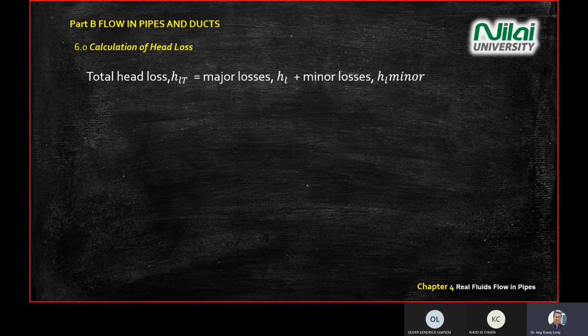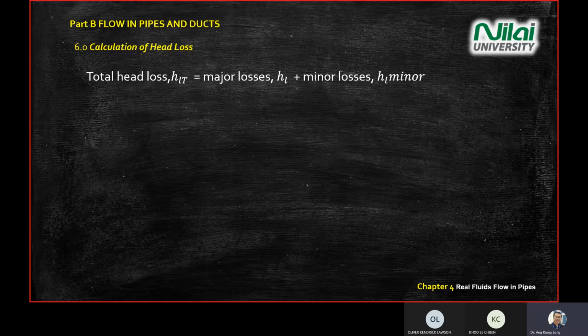The first equation for today will be total heat loss, HLT, where capital T is total heat loss, which will be equal to two components. In fluid mechanics, we look at two kinds of losses: major loss and minor loss.